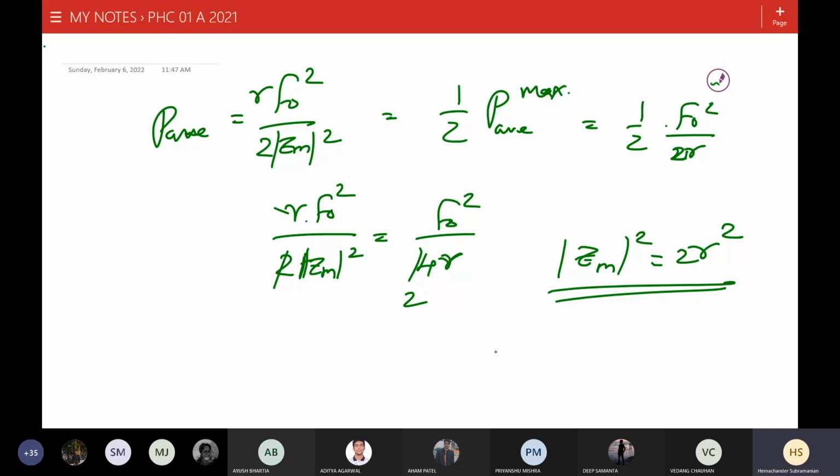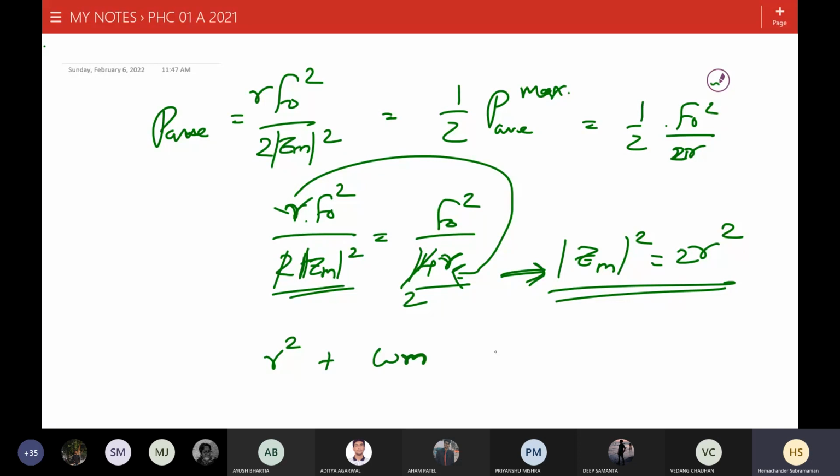So this is r square plus omega m minus s over omega, squared, equals 2r squared.